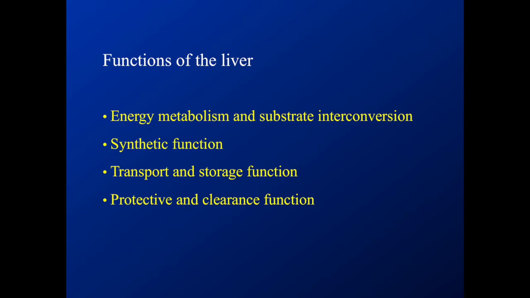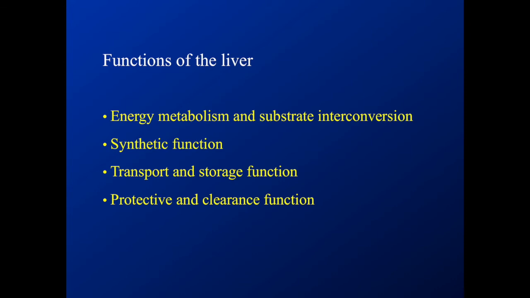So the liver does an extraordinary amount of things for your body, but we've tried to put it into 4 categories so that it's easier for you to recall and remember. And these are energy metabolism and substrate conversion.